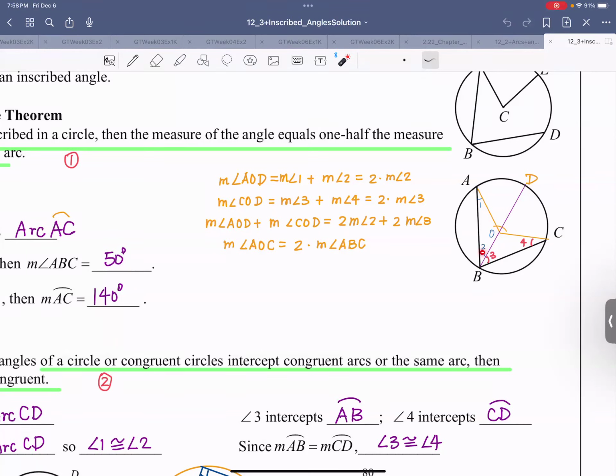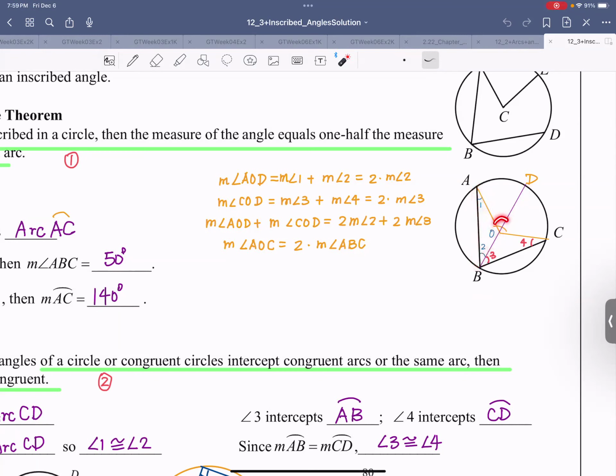Now we want to understand how come here is half of here. This will come to the theorem called the exterior angle theorem. We learned that this angle here, so look at this, Ranisha. Angle AOD is the exterior angle of this triangle.